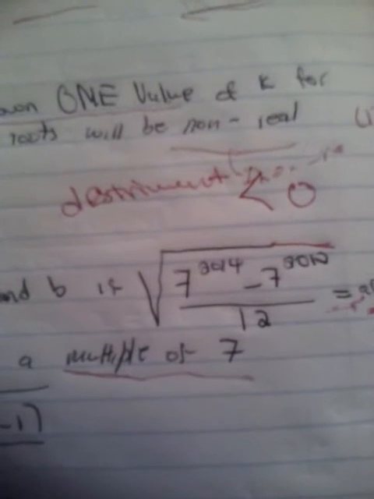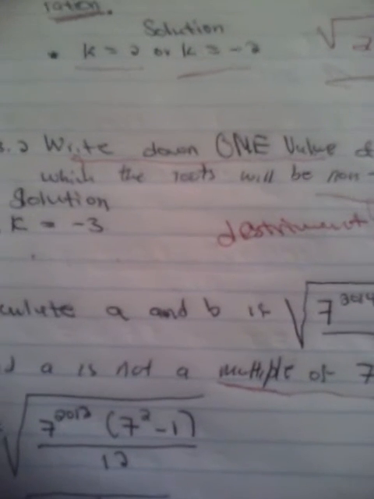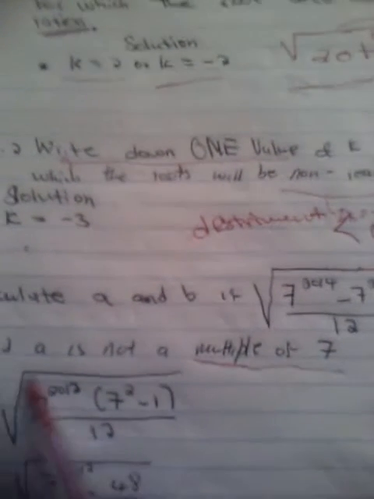Okay, we have 2014 and 2012, a difference of 2 there. And so we're going to take out 7 to the power 2012 as our common factor. 7 to the power 2012 times 7 to the power 2 gives us 2014.